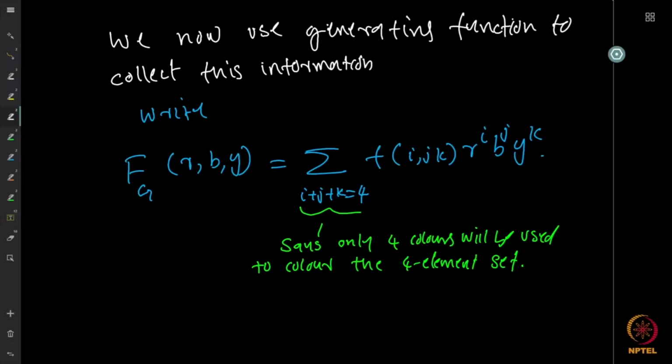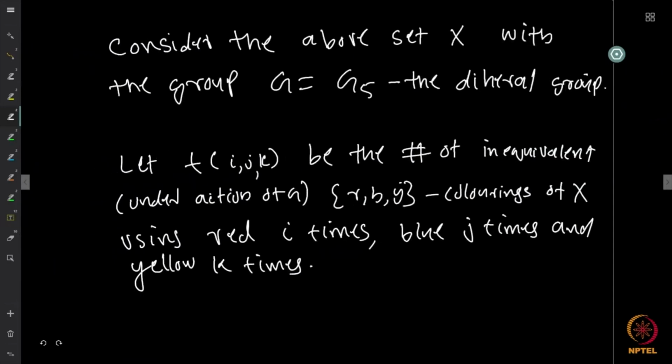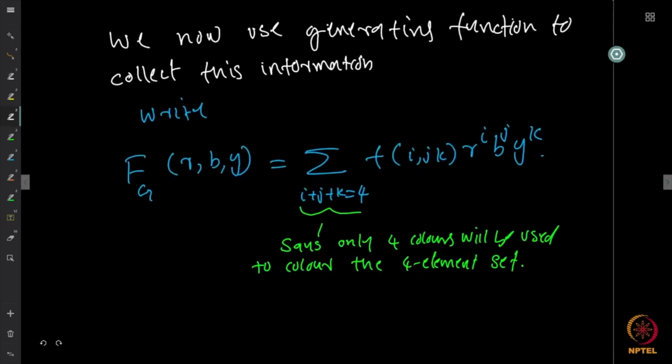Now we want to collect the information that counts T of I j k for different values into a generating function. So this is something that we are already familiar with. So let us write f_G of r comma b comma y as the summation over all I plus j plus k equal to 4, because we have only 4 elements, and we have to color them all.